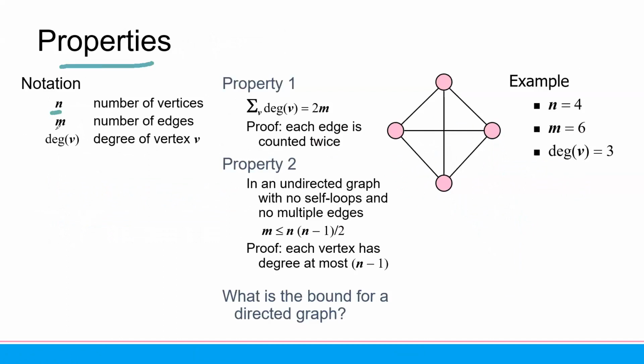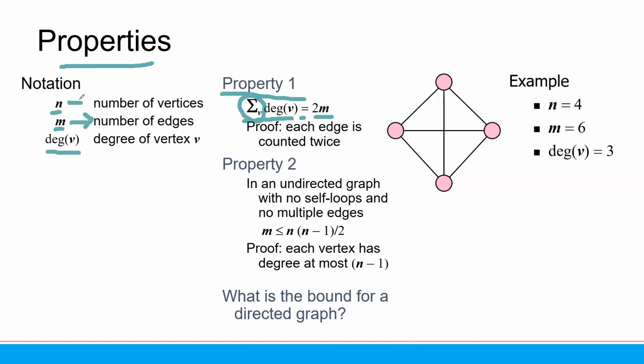We have n, we have m, and we have the degree of v. Property one mentioned that the summation of the degree of v equals 2 multiplied by m. What is m? M is the number of edges.